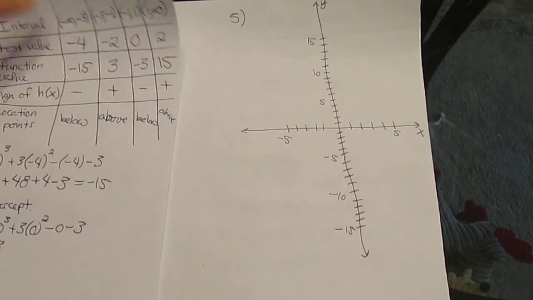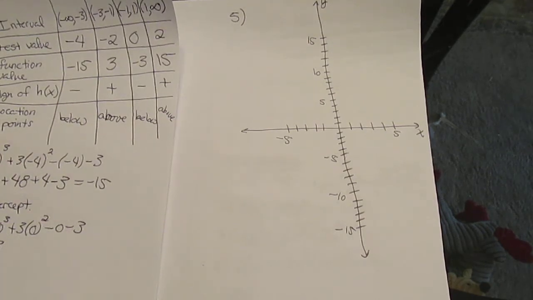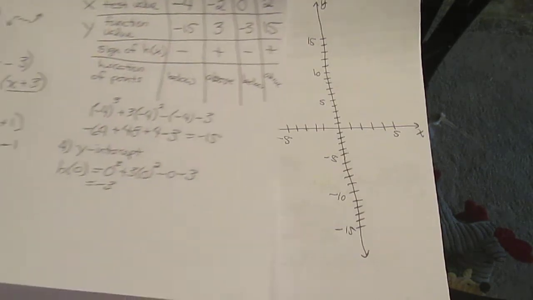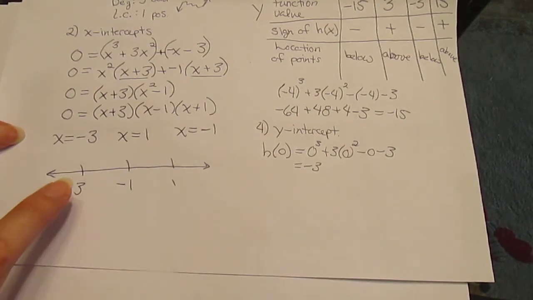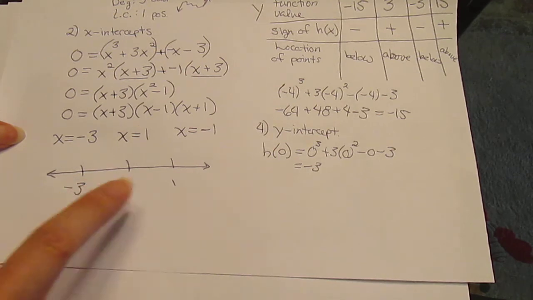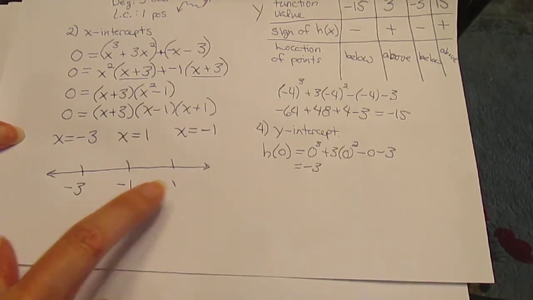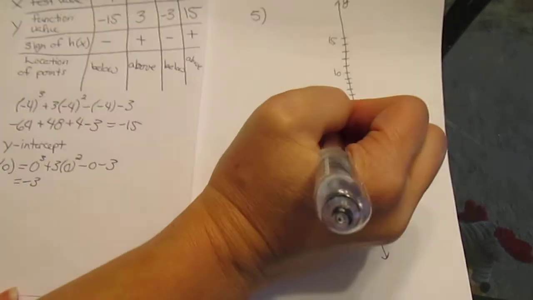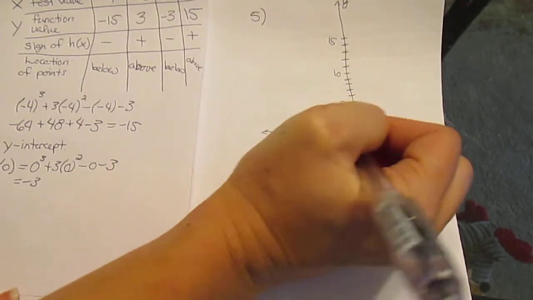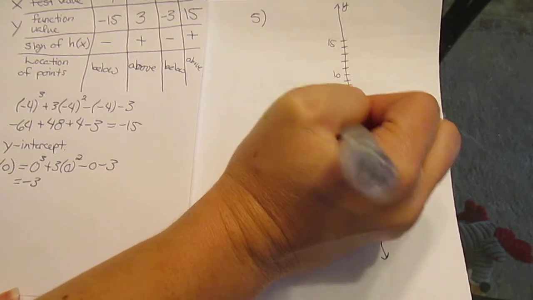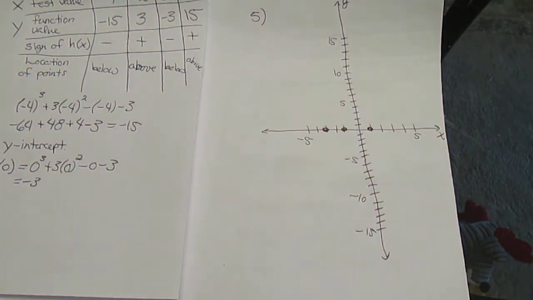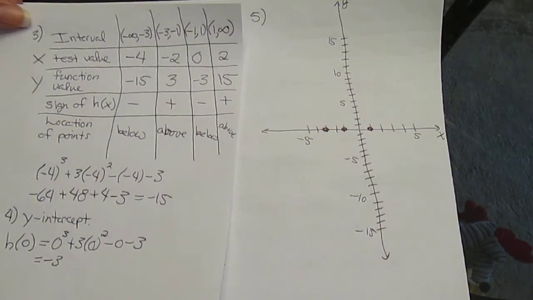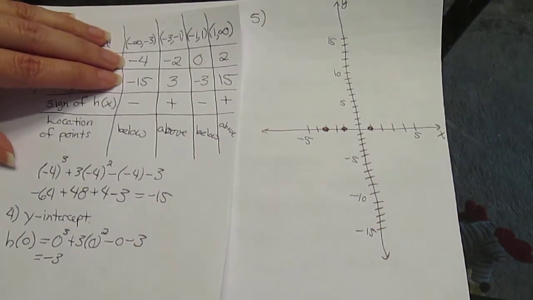So my first points, well, let me go ahead and just graph my x-intercepts first because that's going to be easiest. So remember, my x-intercepts were (-3, 0), (-1, 0), and (1, 0). Okay, and then the other points that are going to help us shape our graph are these points we found on the table.